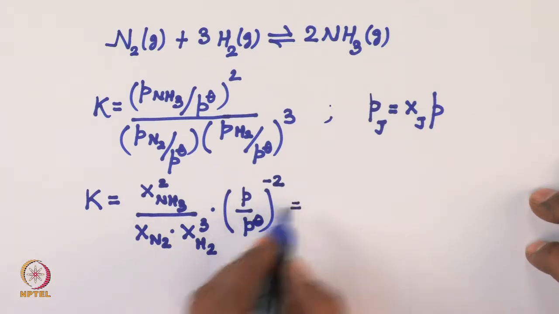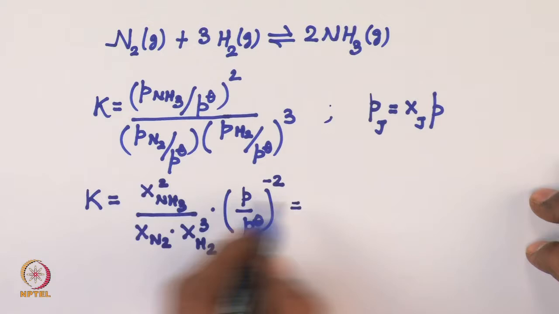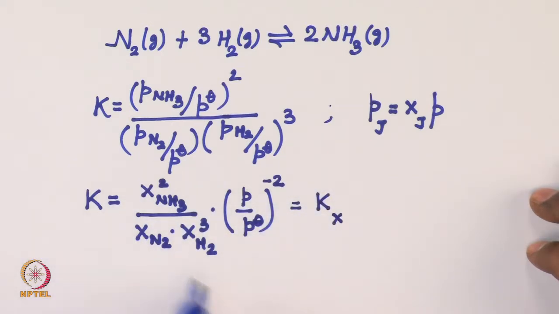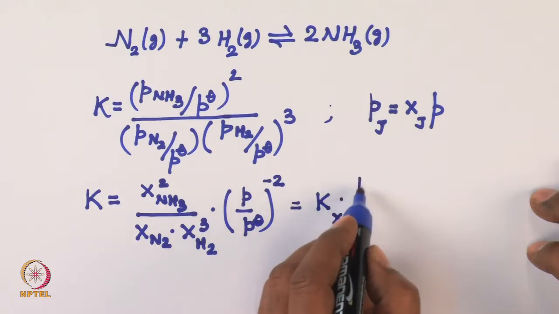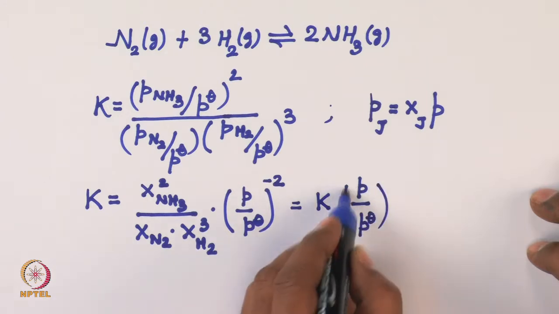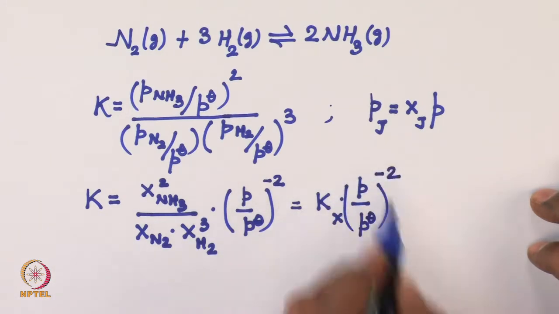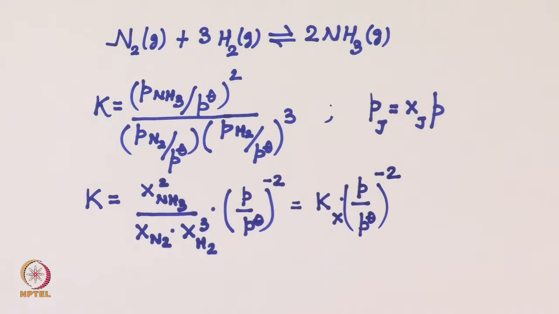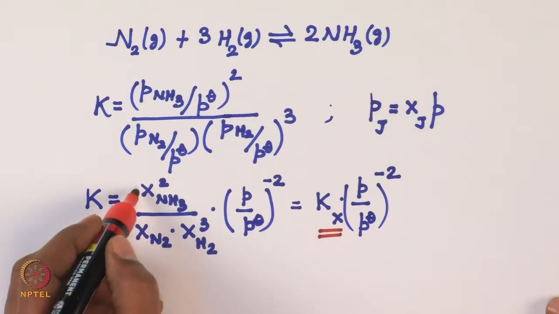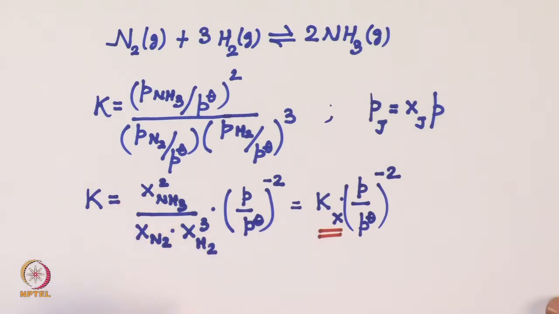I can write this ratio as Kx, that is a ratio of the mole fractions, into total pressure divided by P naught, which is 1 bar, raised to the power minus 2. The effect of pressure on composition is given by Kx, because Kx is the ratio of mole fractions.